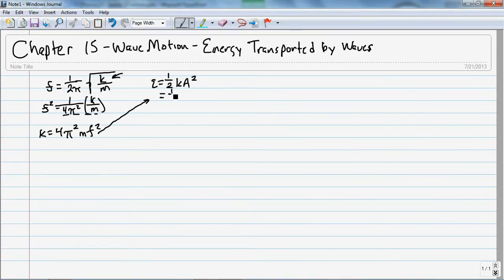So I'm going to have 1/2 times 4 pi squared times the mass times the frequency squared times the amplitude squared. And I can simplify with the 1/2.